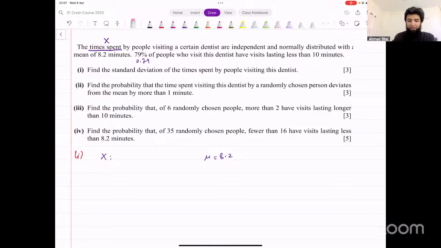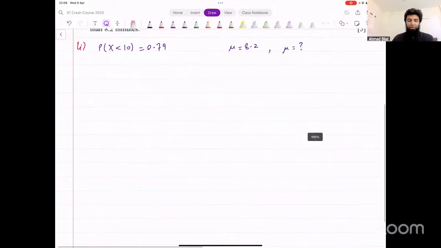Probability of x being less than 10. What's that? That is 79%. We can say that's 0.79. That's what we're given. So probability is given, and what we have to find out is what the standard deviation is. So this is inverse normal, right? We have probability given, and data is missing.